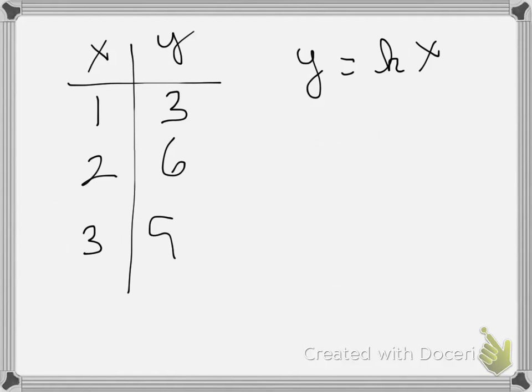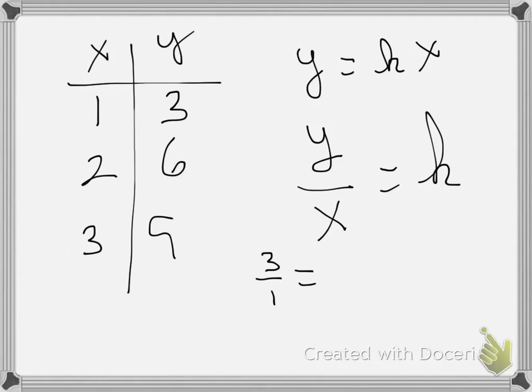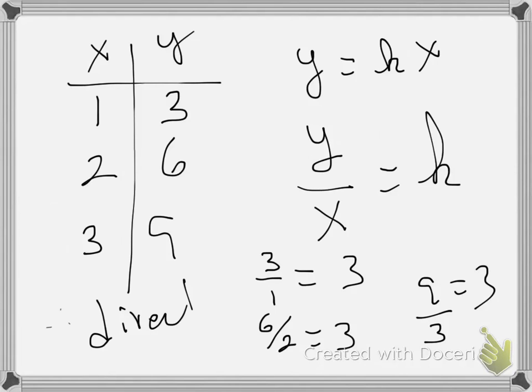So to determine if it's direct variation, we would take y divided by x, and that would equal a constant k. So if we take 3 over 1, that equals 3. 6 over 2, hey, that equals 3. And 9 over 3 equals 3. Therefore, this is direct variation.